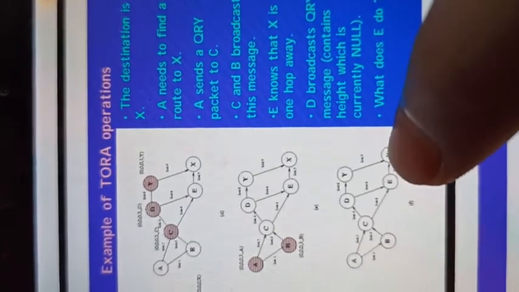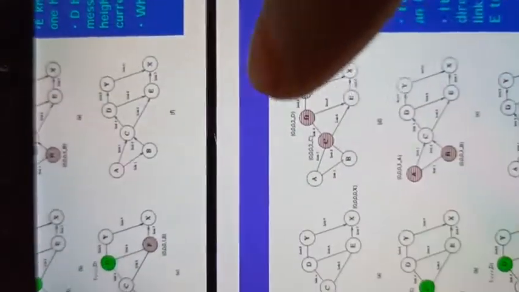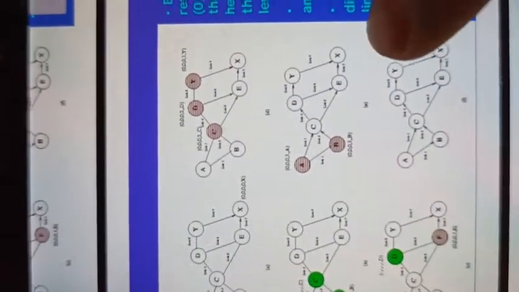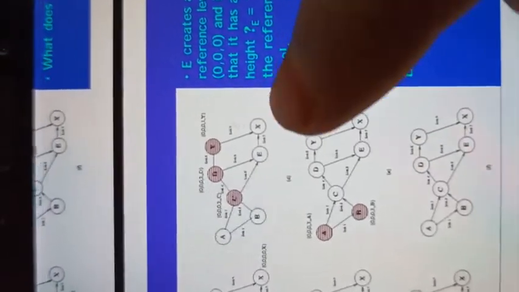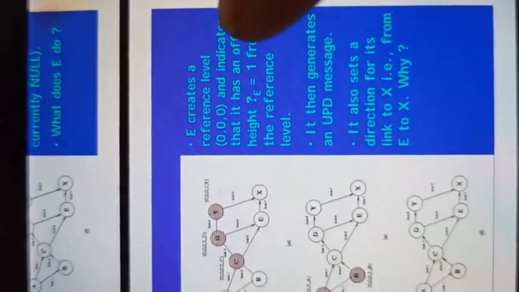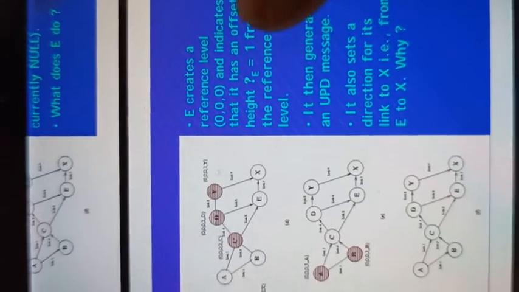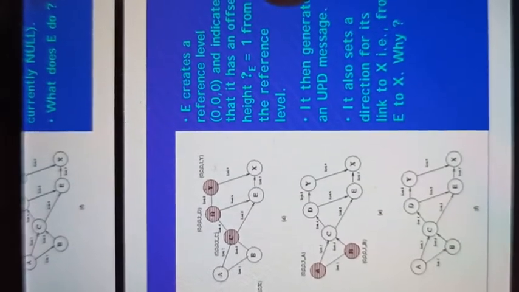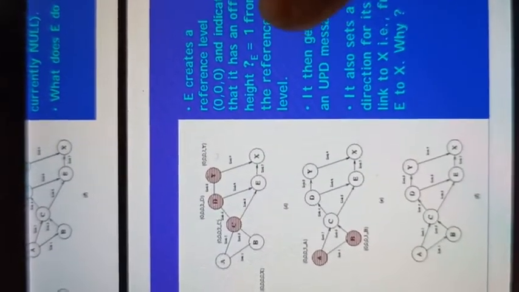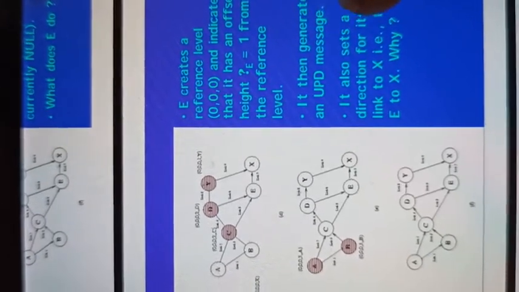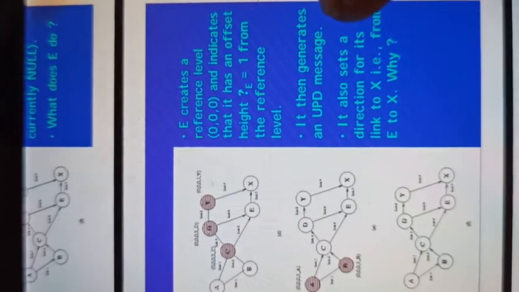So what does E do? E creates a reference level 0, 0, 0 and indicates that it has an offset height equal to 1 from the reference level. It then generates an UPD message.